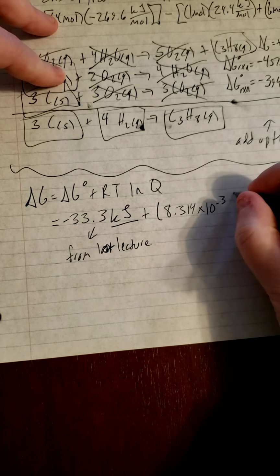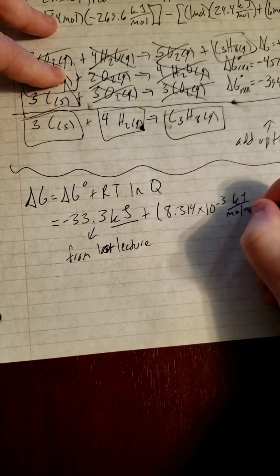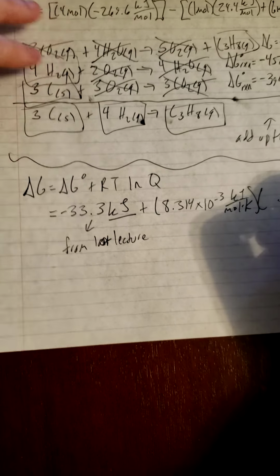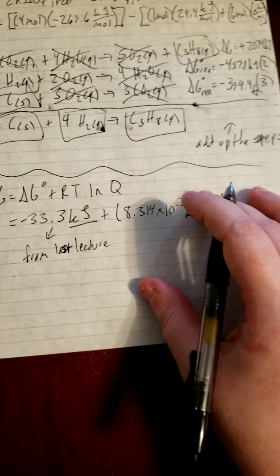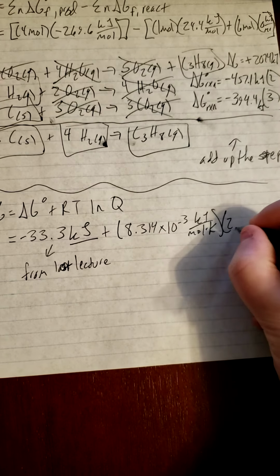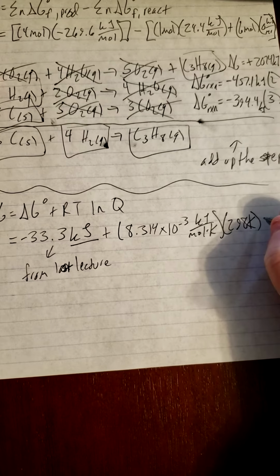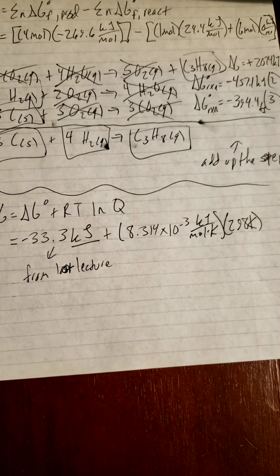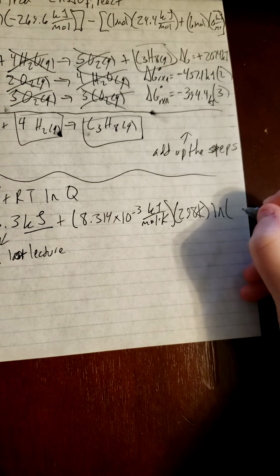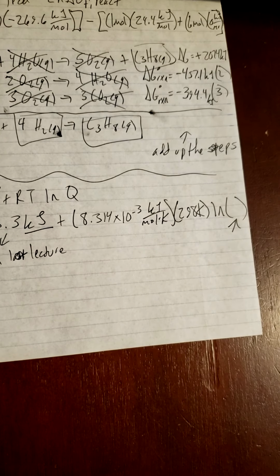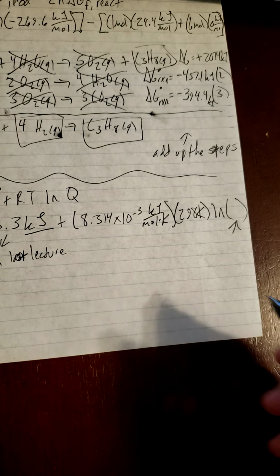If you write it that way, then it is in kilojoules per mole Kelvin. All right, it says that we're running this at 298 Kelvin. So 298 Kelvin. And then it's going to be times the natural log of some number.